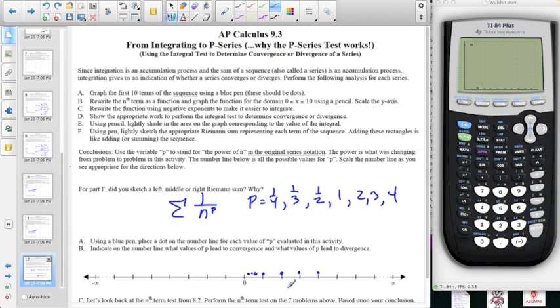And so where did we have that transition from being infinite area to being finite area? We had that transition right here.